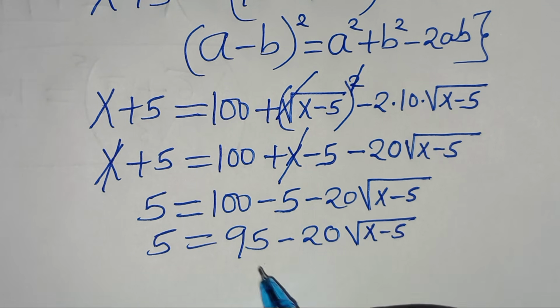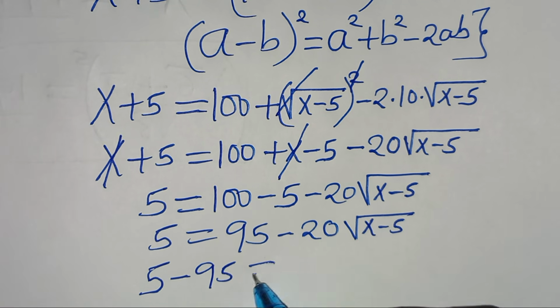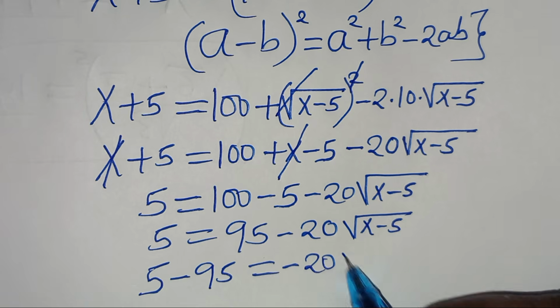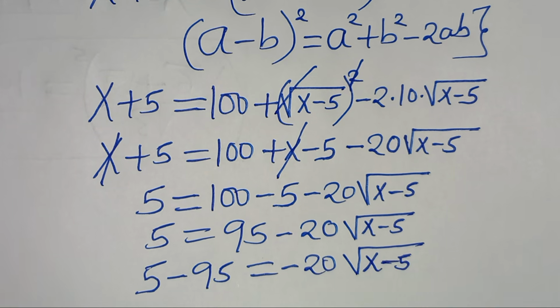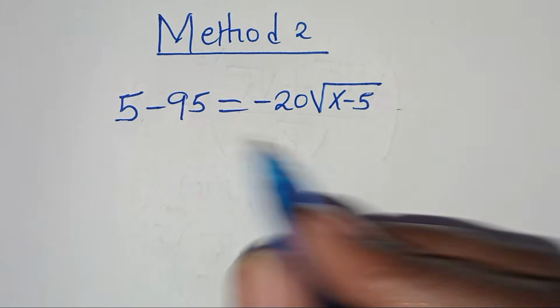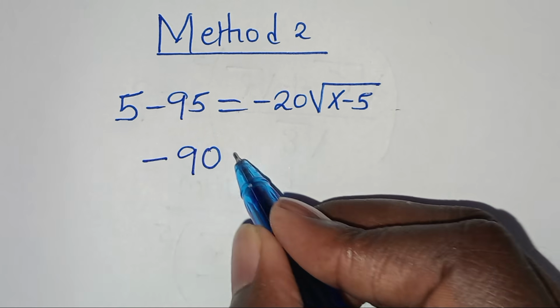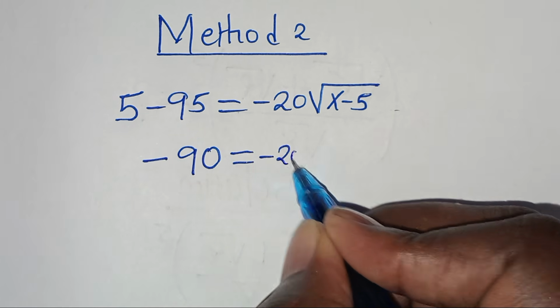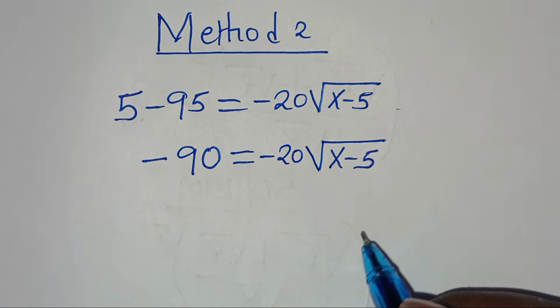Let's take 95 on the left hand side. So this is 5 minus 95. This is equal to negative 20 square root of x subtract 5. Now the next step is that we have 5 minus 95. This is negative 90. This is equal to negative 20 square root of x minus 5.